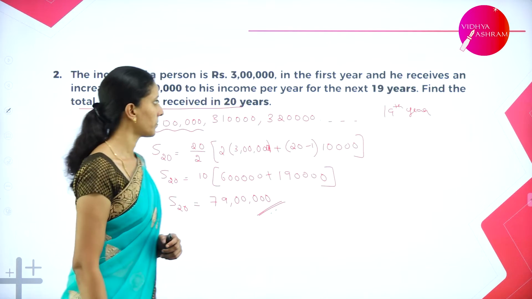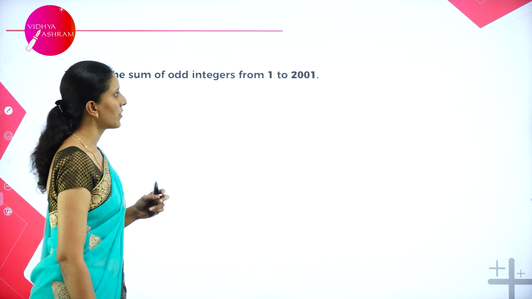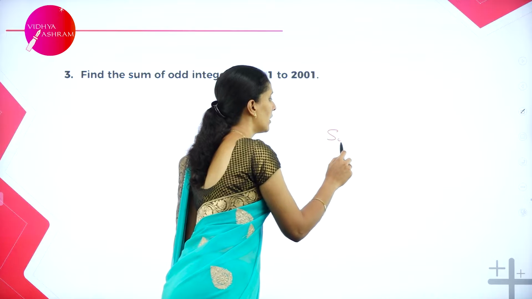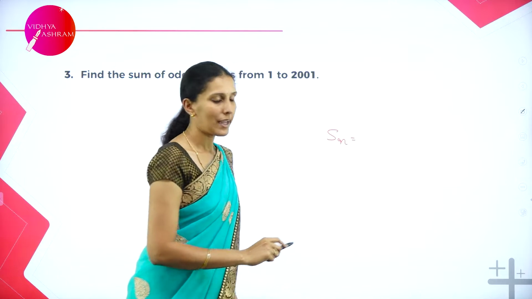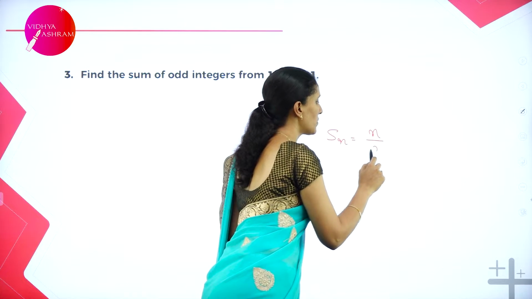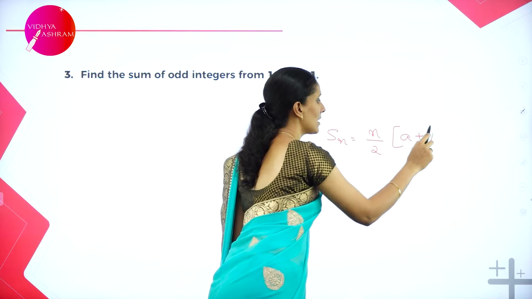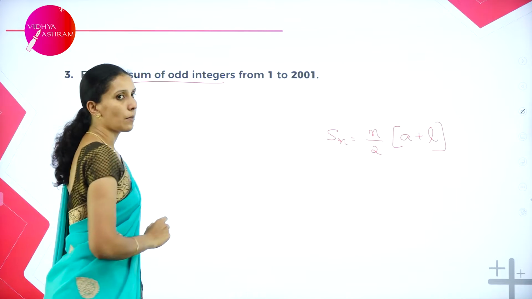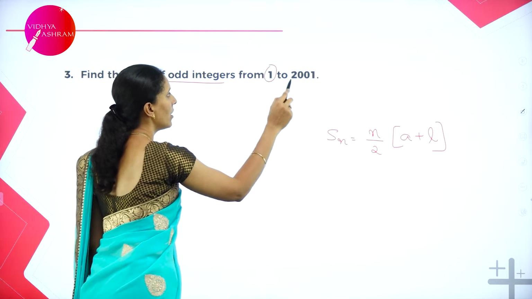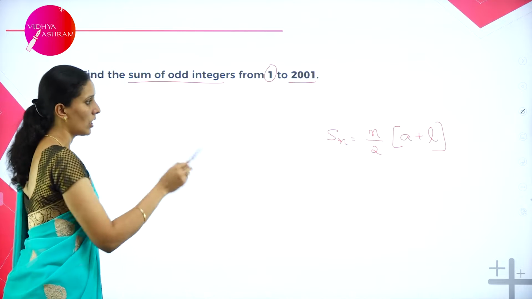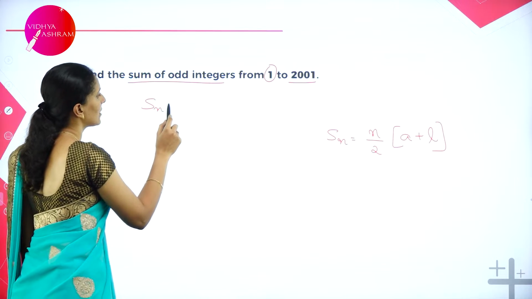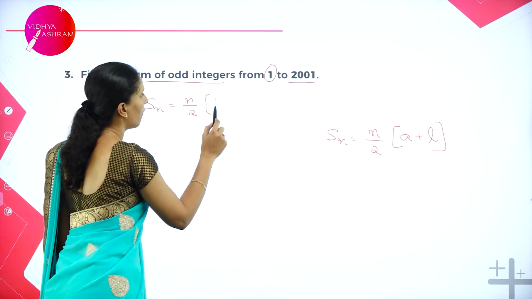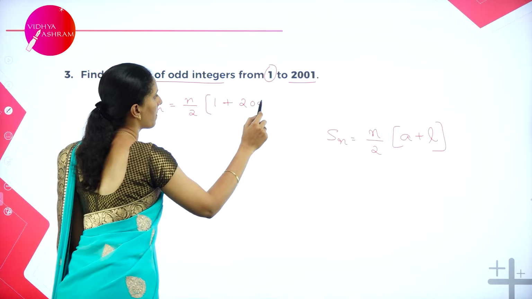Next problem: find the sum of odd integers from 1 to 2001. We know the formula that the sum of n terms can be calculated when the first and last term are known. That is, Sn is equal to n by 2 (A plus L). Here the first term is 1 and the last term is 2001. So Sn is equal to n by 2 into (1 plus 2001).